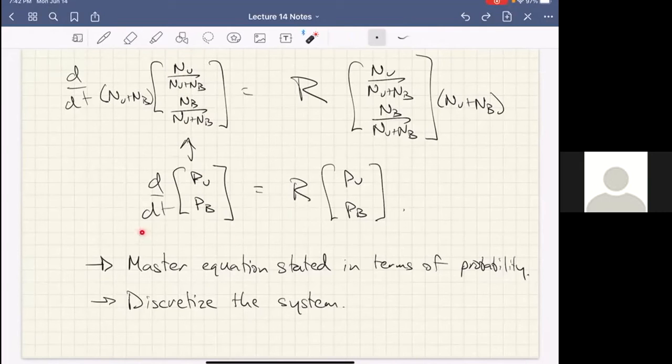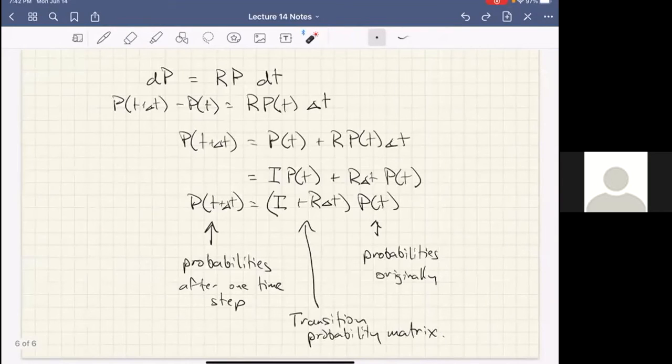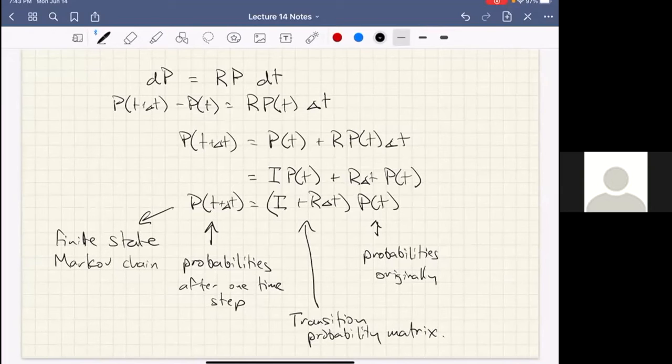This is now a continuous master equation in terms of probability, and it becomes a finite state Markov chain. So this equation gives the finite state Markov chain for any R.